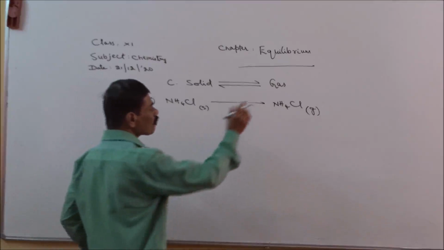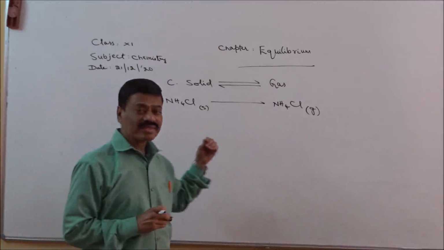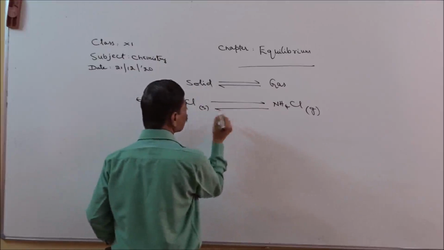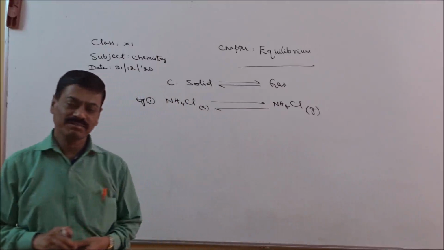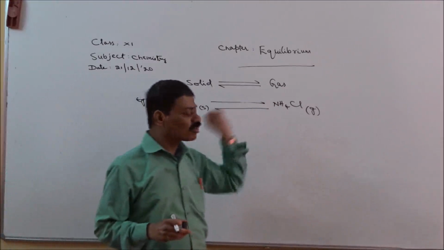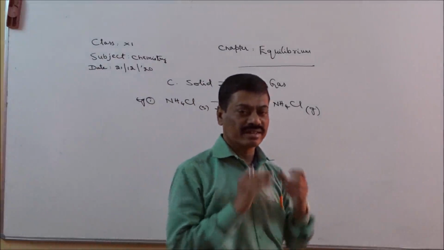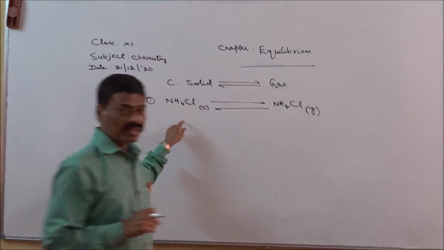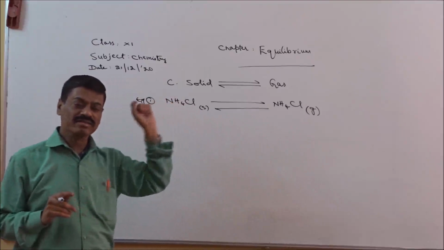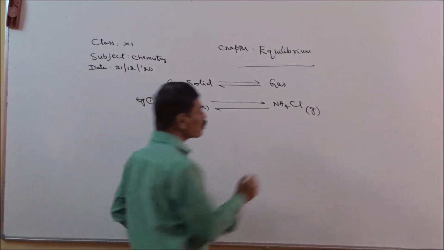Next, the so formed ammonium chloride gas, if it is condensed or cooled, then it enters into solid form directly. Means, in between solid ammonium chloride and gaseous ammonium chloride, there is no liquid state. Right? So here, heating followed by cooling. And at the same time, this change should be carried out in a closed container.